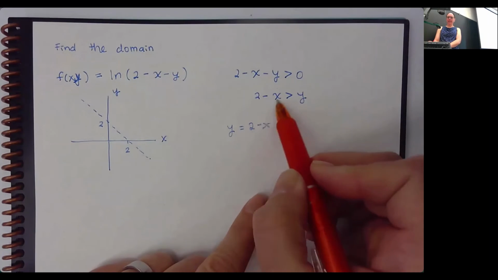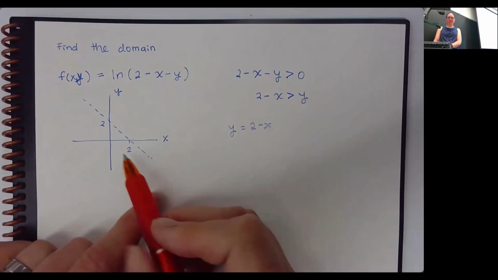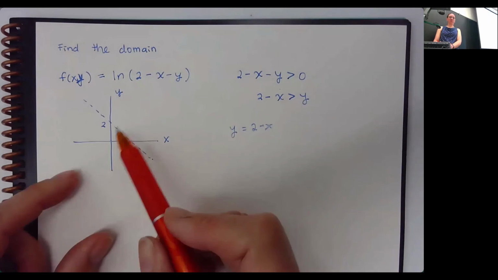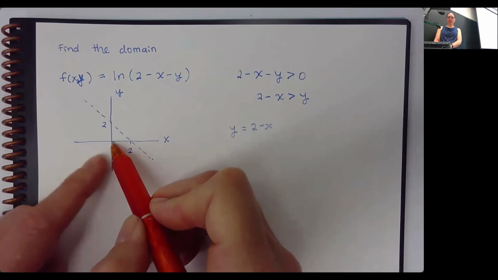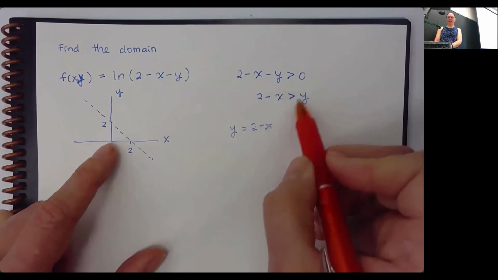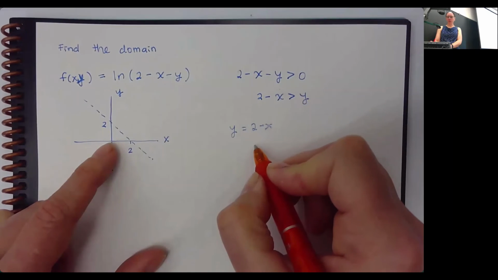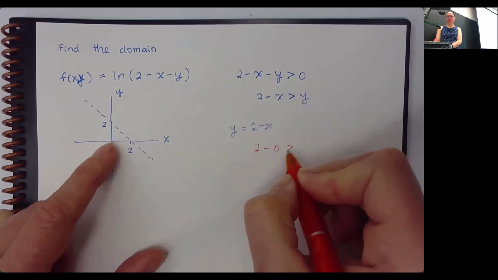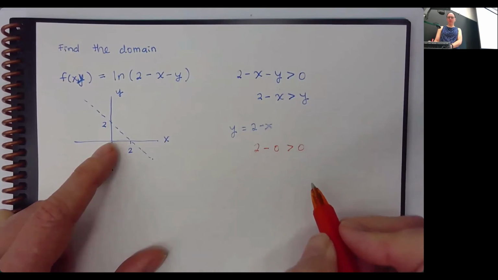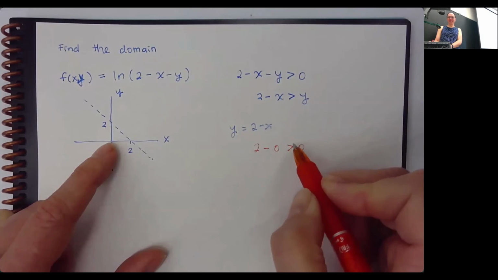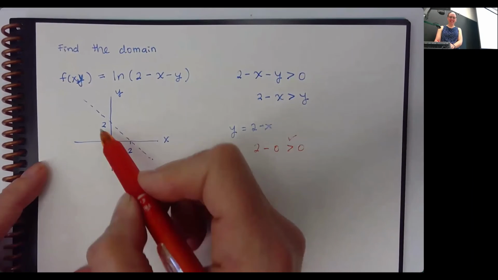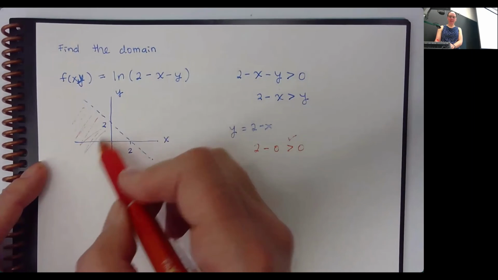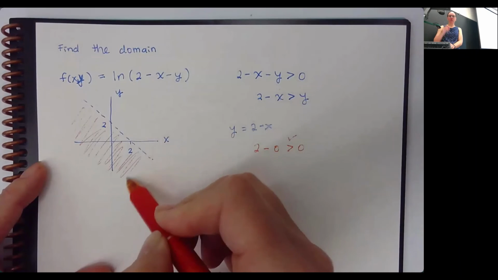So if 2 minus x needs to be greater than y, I can choose a test point. So if I were to choose 0, 0, if I plug that in, the question is, does it make it true? So is 2 minus 0 greater than 0? Yes, I think it is. Which means that's the side that I'm going to shade because that makes the constraint true.